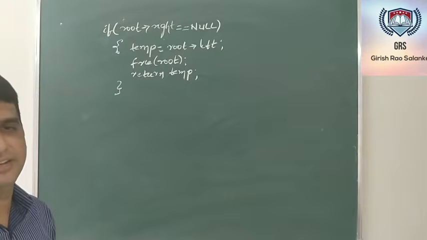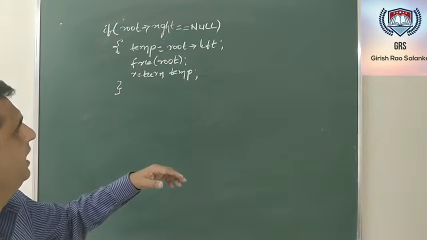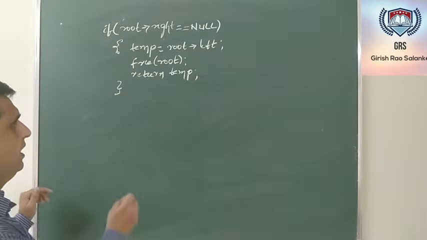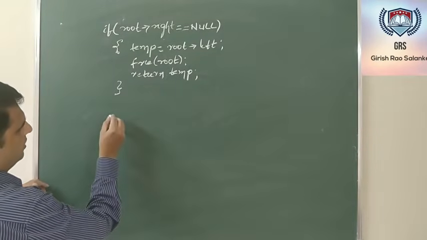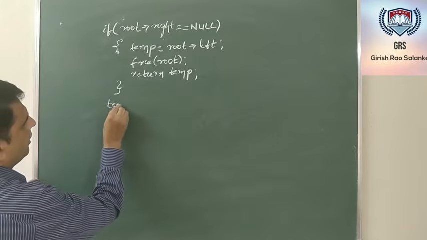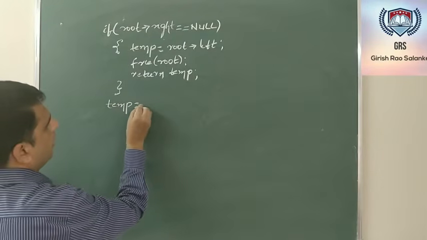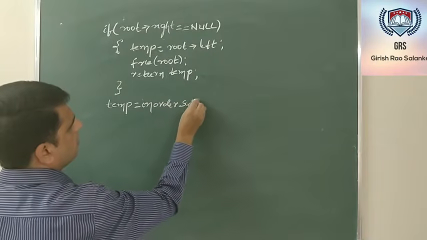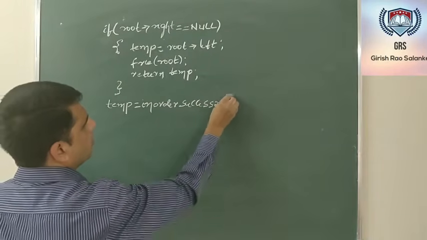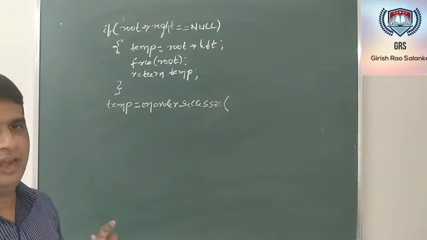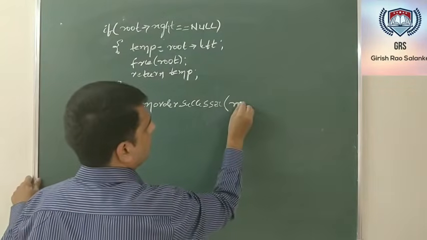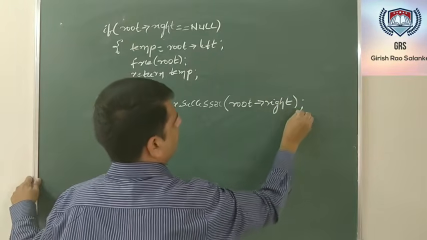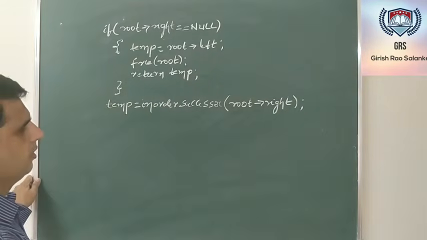Now, if this is not the case, assume that the node to be deleted has both the left subtree and the right subtree. In that particular case, I need to find the in order successor. So temp is equal to, I need to write this function, in order successor of root of right, since the in order successor will be there in the right subtree, and hold the return value in temp.